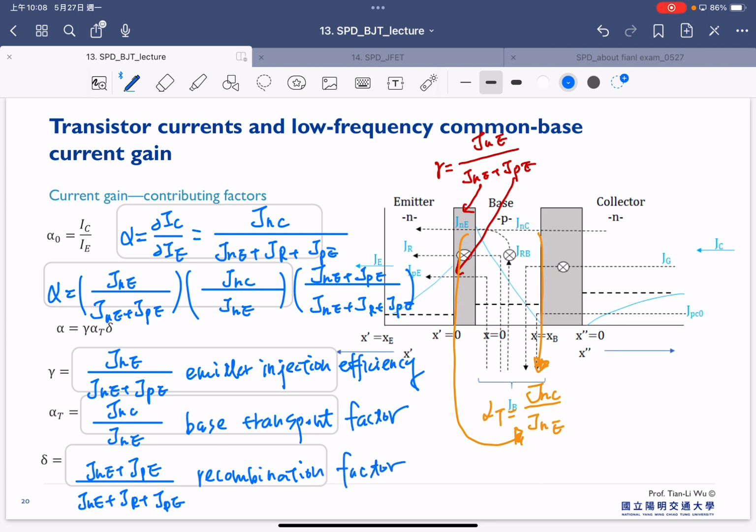In the end, the recombination factor is a ratio between this plus this over all three together here.